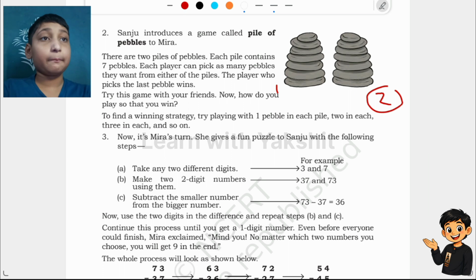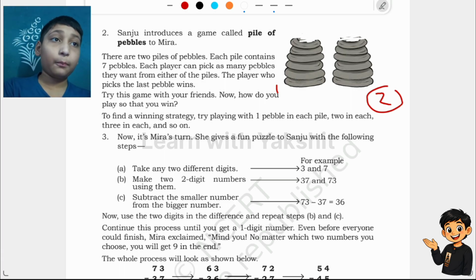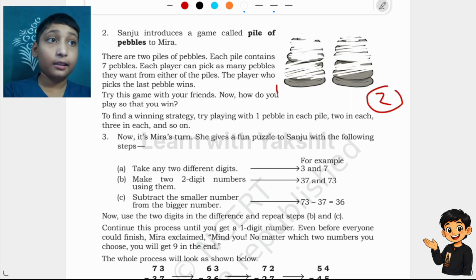Firstly, person 1 takes 1 pebble from the top. And now you also take 1 pebble from the top. And if your opponent takes 3 pebbles, you also take 3 pebbles. If they take 2 pebbles, you also take 2 pebbles.